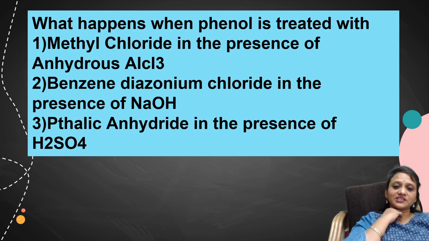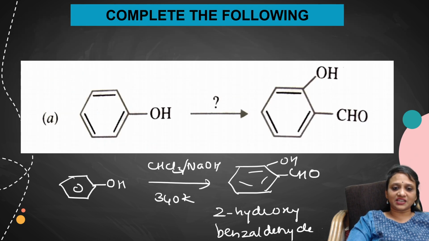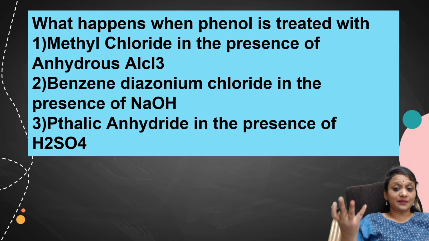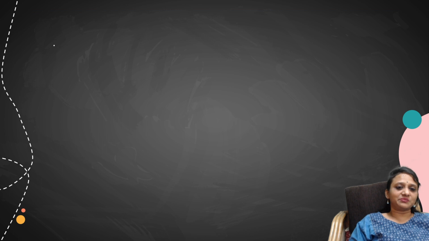Last question, students. Let's see this. What happens when phenol is treated with methyl chloride in the presence of anhydrous AlCl3? Earlier, name reactions are given like this. Then they'll ask you questions like what happens. So it seems they have taken phenol, they have treated it with methyl chloride in the presence of anhydrous AlCl3. Simple question, students.